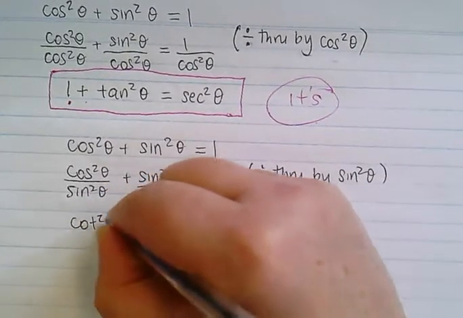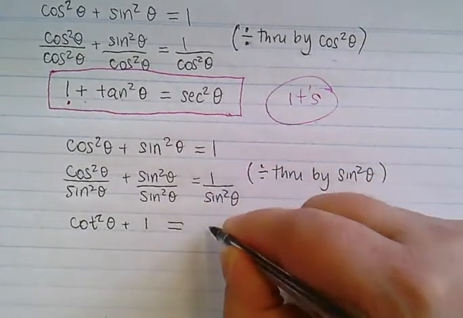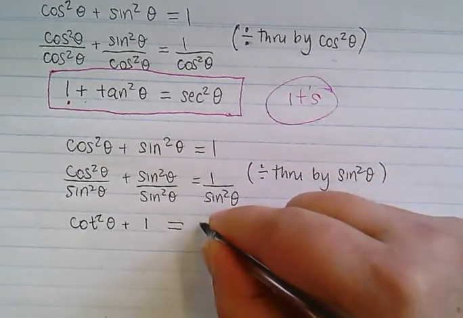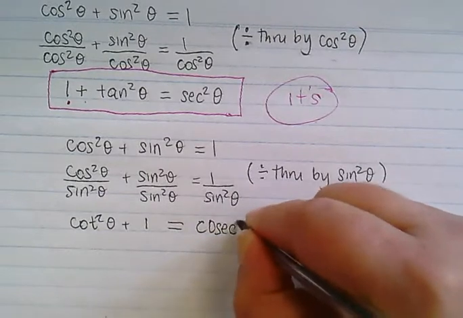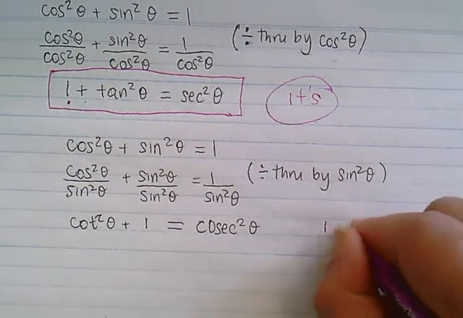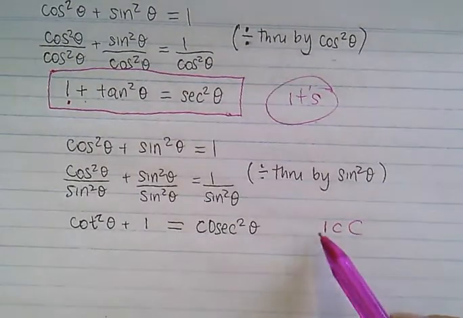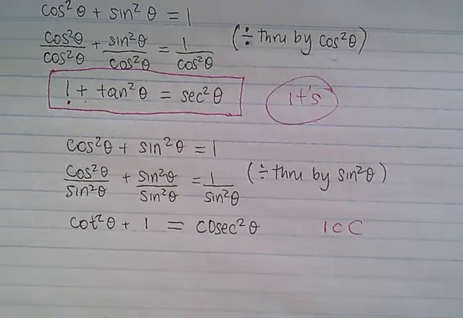Cot. So it's cot squared theta plus sine on sine is 1. 1 on sine is cosec squared theta. And the way I remember this one, a bit weird, is 1 plus little c equals big C. You know, like something plus something small gives you something big. 1 plus cot equals cosec.